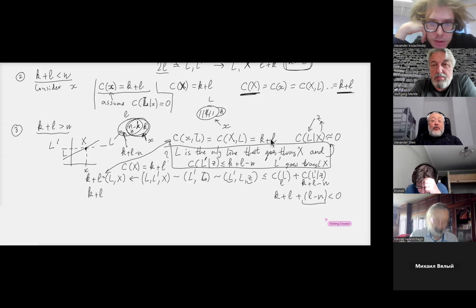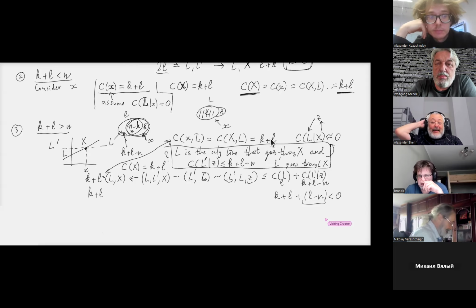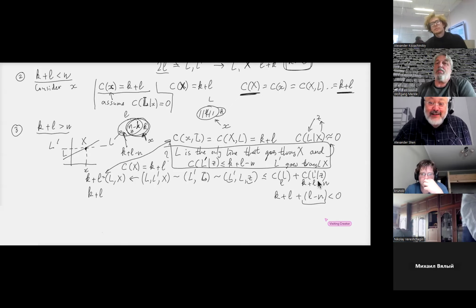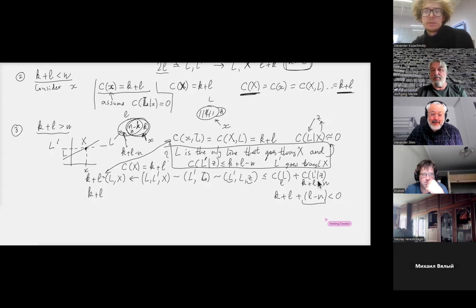If we know L, we also know Z automatically. And so it's enough to describe L and L prime given Z, which is K plus L minus n. Okay. So this is the argument.